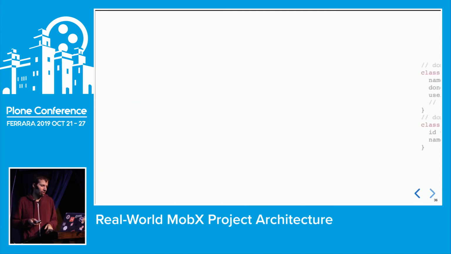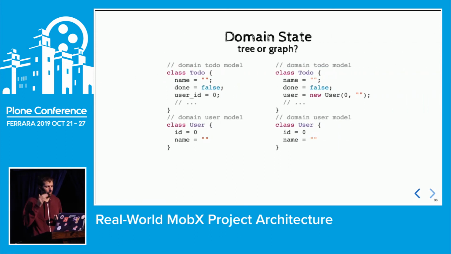Well, the discussion here is about having a domain state tree or a graph. What does it mean? It means that if we have a domain state tree, we are not putting any instance reference inside the properties of our domain state, but instead we are using some values in order to have a reference to the domain state values. For example, the user ID has a number property that references the ID of the user.